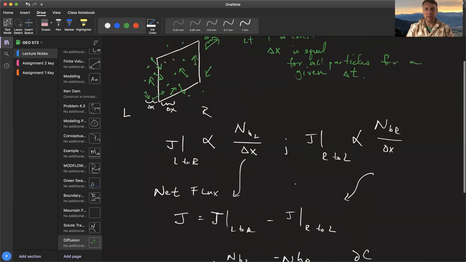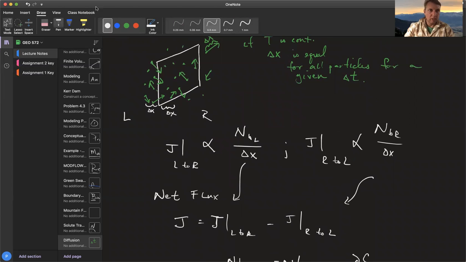And that's just saying the number of bits in some volume, delta x by delta y by delta z.